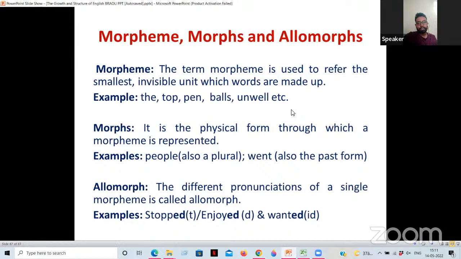Because we cannot divide a morpheme into further morphemes, and it has to have some meaning. It is indivisible and contrastive because you cannot divide it further, and it has to have a meaning. As for example, the, top, pen, balls, unwell, etc.